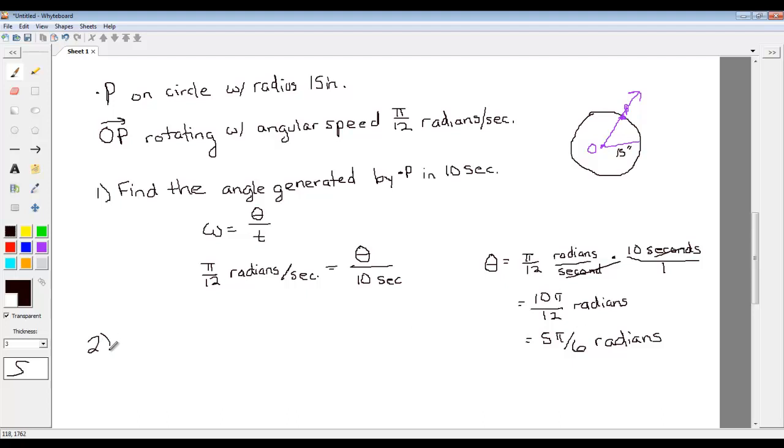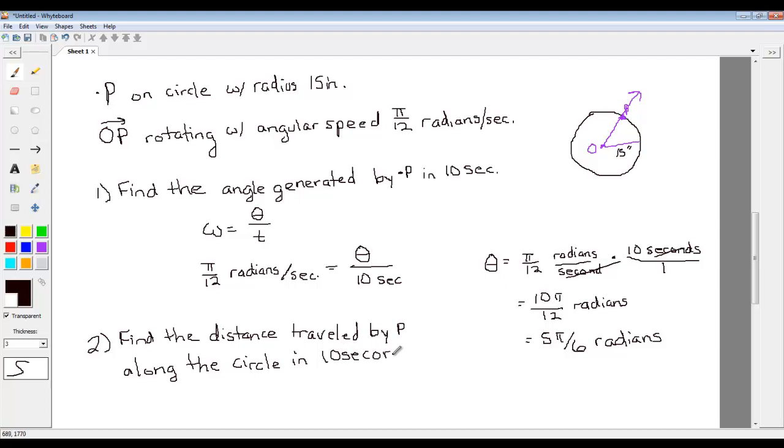Now, find the distance traveled by P along the circle in 10 seconds. They gave us the angular speed, but now they're asking about distance.